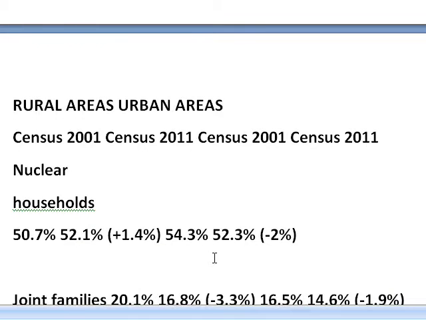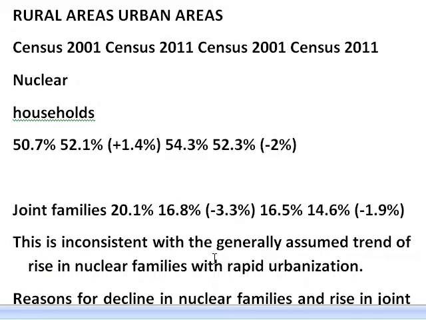Type of household: rural areas, urban areas. So in Census 2001 and 2011, you can see nuclear households in rural areas were 50.7% in 2001 and 52.1% in 2011, an increase of 1.4%. In urban areas, nuclear families were 54.03% in 2001 and 52.3% in 2011.